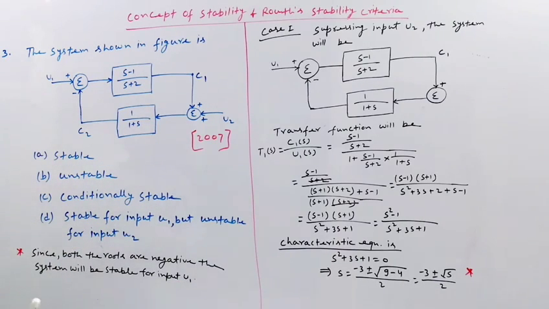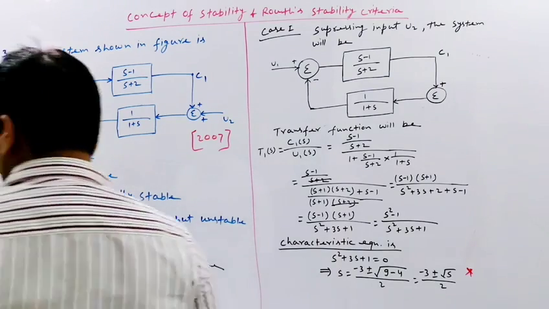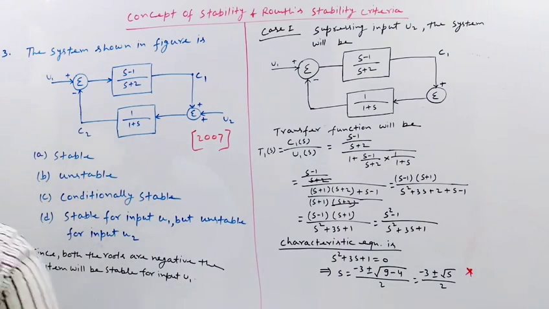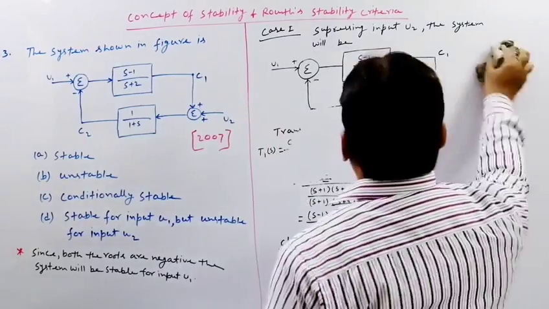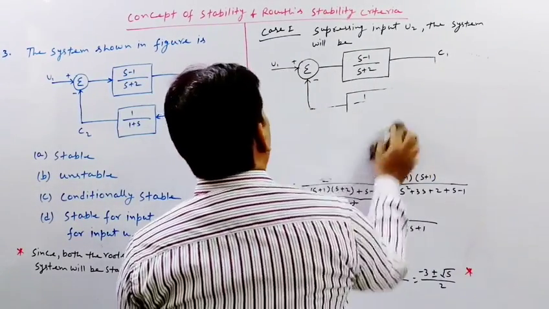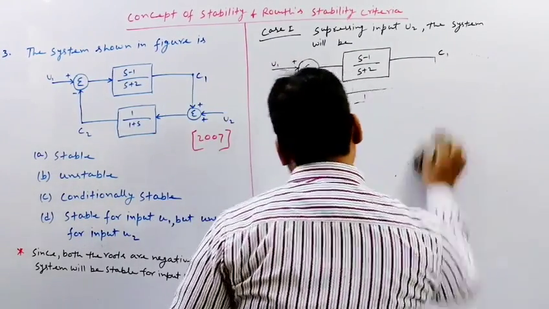Okay, so now the system is stable for input u1. Now let me check the same for input u2. So let me write out these things so that we could check this for input u2.